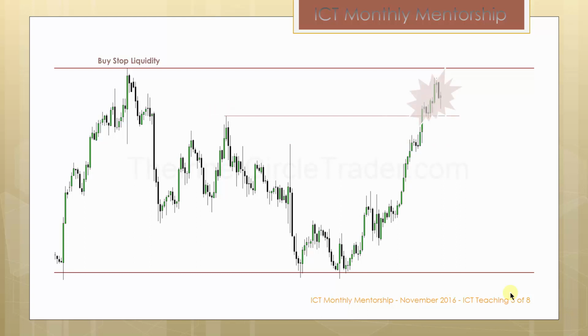Price surges higher, runs through, takes out the second level buy stop liquidity. Now notice what's happened here. While it was a dynamic surge through that second level buy stop liquidity, it fails to go back to that old high. This is classic price action. Now think about what we talked about earlier.